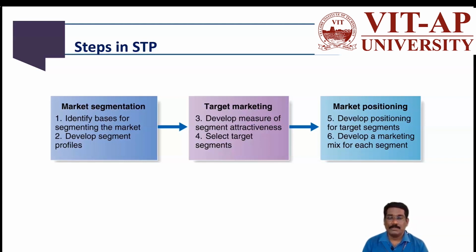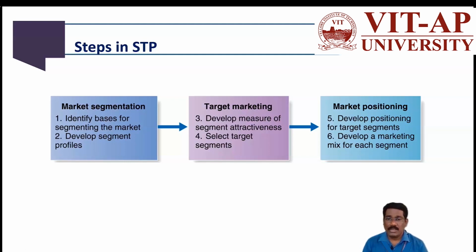If I say marketing mix, let's talk about product, price, place, promotion. And if it is a service product, there are people, physical evidence, and process, which we call the extended marketing mix. So as per the segment requirement, after proper analysis and formulation of strategy, we develop a marketing mix towards that specific segment. That is the last step in the STP process.